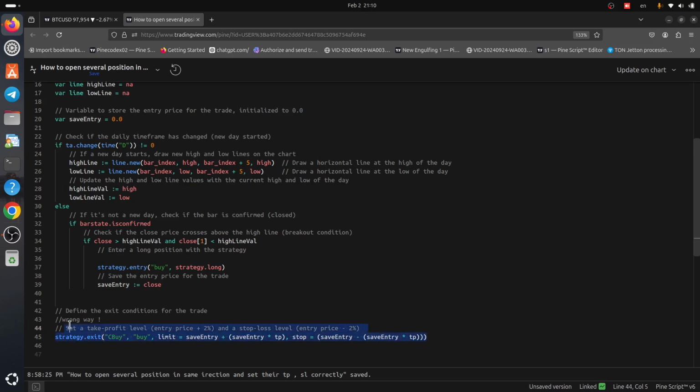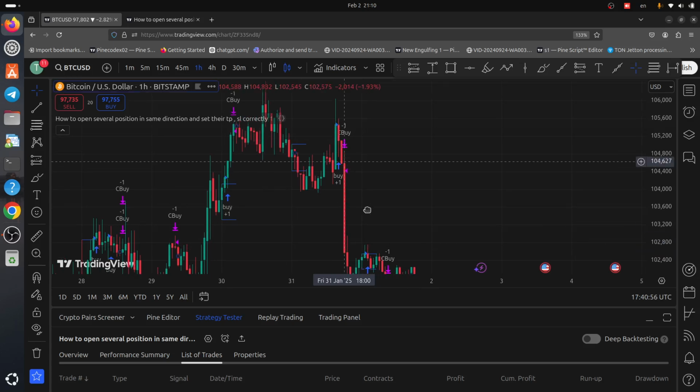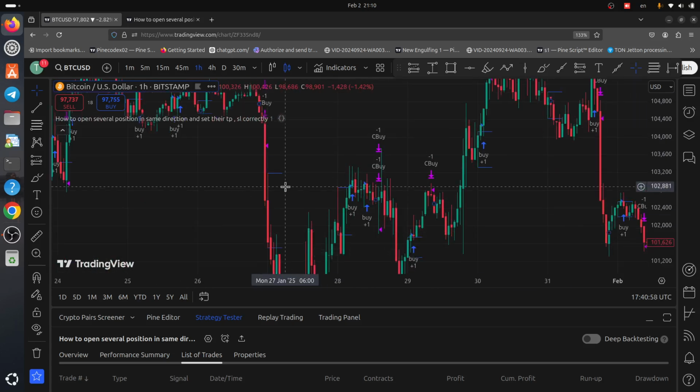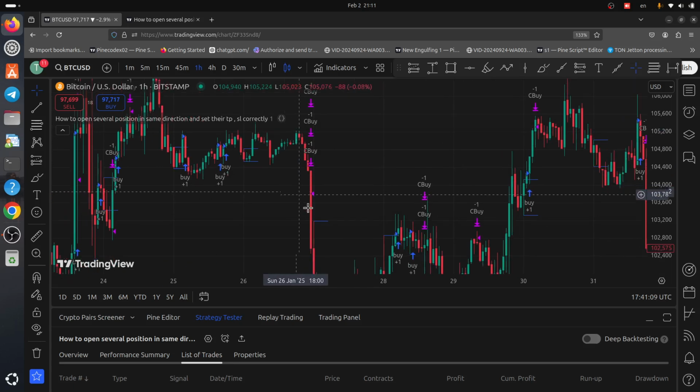When we wrote this, as you see, there is a bug. We have several TP, several entries, but the same exit, so it's wrong. Here we have 3 TP with 3 different entries, but with the same exit.